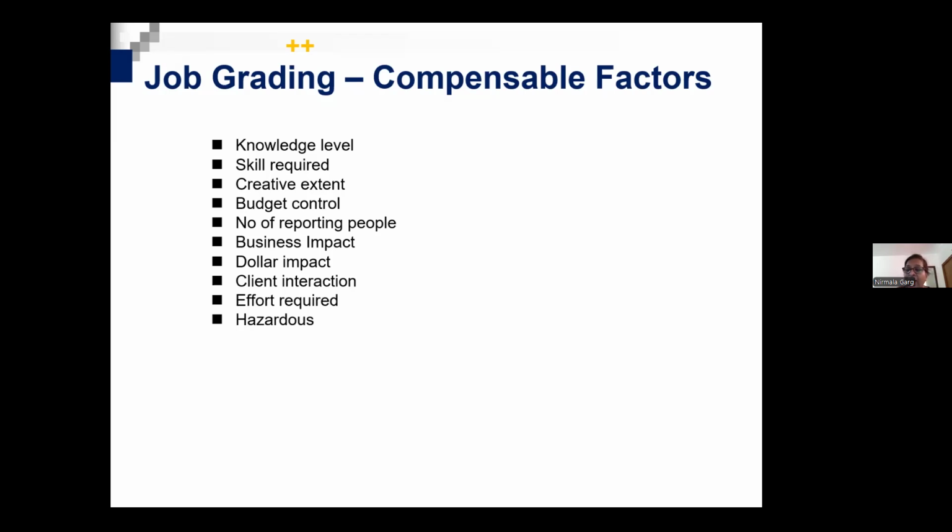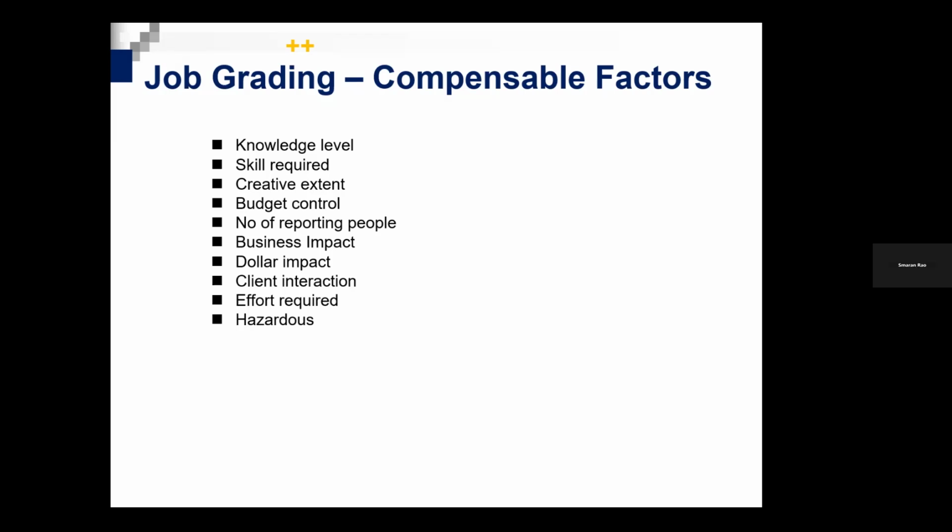Therefore, it is not a compensable factor. Punctuality. Can that be a compensable factor? Are you going to pay for that? It is required. You may reward, you may have an incentive saying 100% attendance, I'll give some incentive. But it cannot be a compensable factor. Are you differentiating between what can and cannot be a compensable factor?